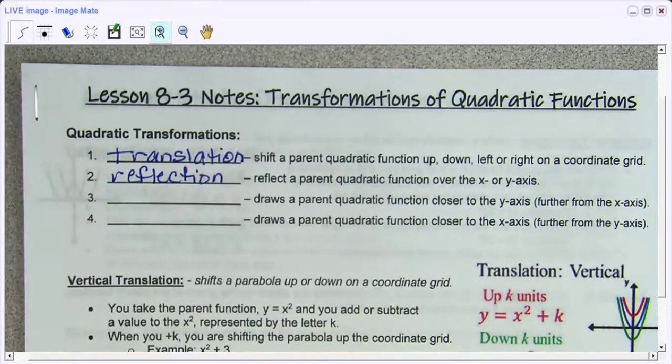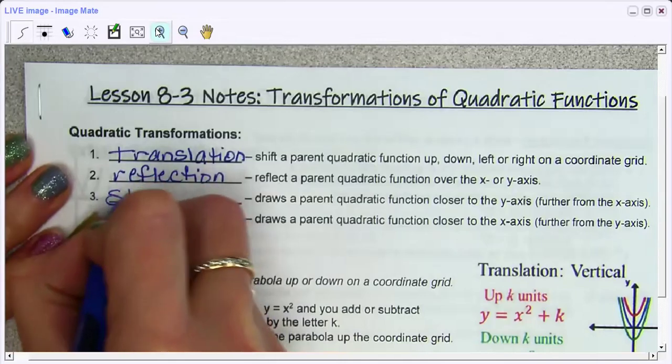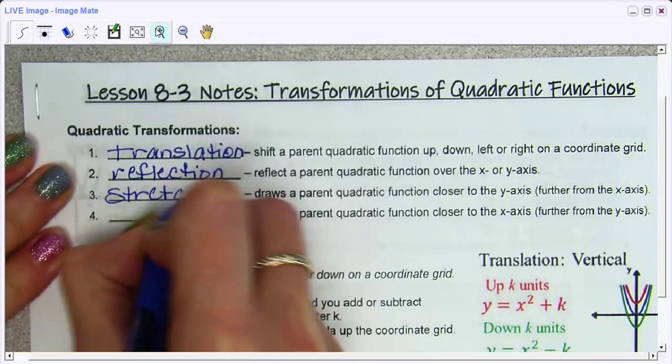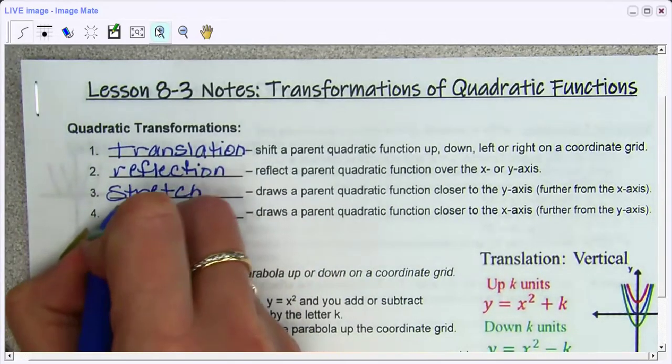When a parent function is coming closer to the y-axis, further from the x-axis, that is a stretch. And when the parabola is closer to the x-axis and further from the y-axis, that is called a compression.